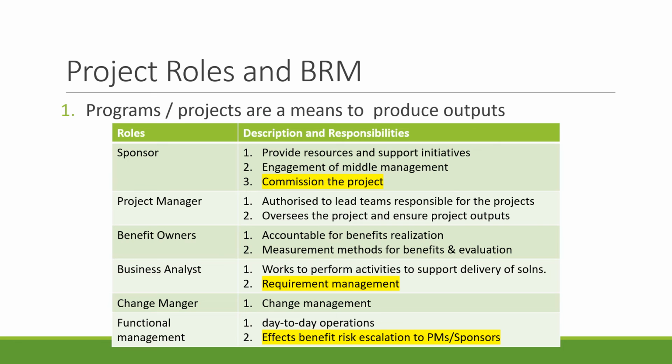The project manager is responsible for leading the teams responsible for the project and oversees the project, ensuring that project outputs are as expected, which is contributing to the planned benefit. And the business analyst at project level plays the role of requirement management. Apart from supporting the delivery of solutions, essentially the business analyst will play the role of requirement management.